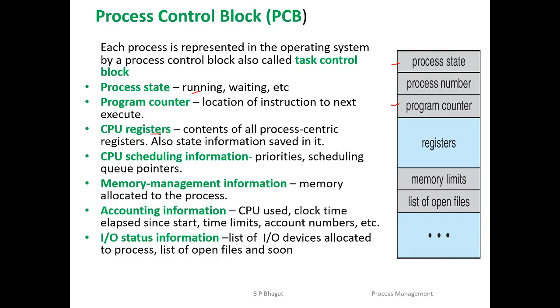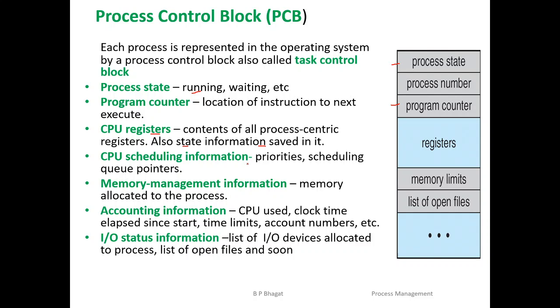The registers may include accumulators, index registers, stack pointers, and general purpose registers, plus any condition code information. Along with the program counter, this state information must be saved so that once an interrupt occurs and the process wants to continue again, this information will be helpful.